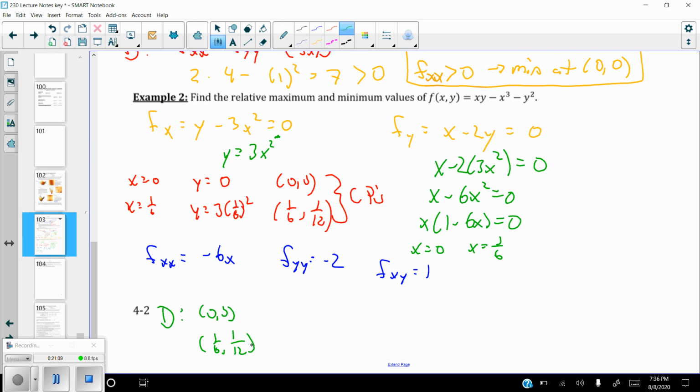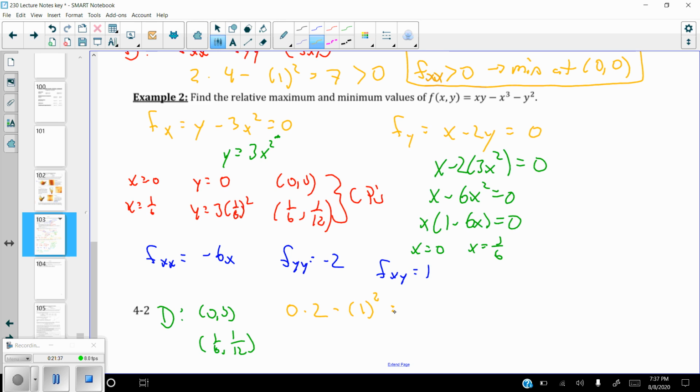So we're going to have fxx times fyy. But fxx, once again, is negative 6x. We have to plug the 0 and the 1/6 in there to get a value. Excuse me. So for (0, 0), it is going to be 0 times fyy, which is 2, minus fxy squared.